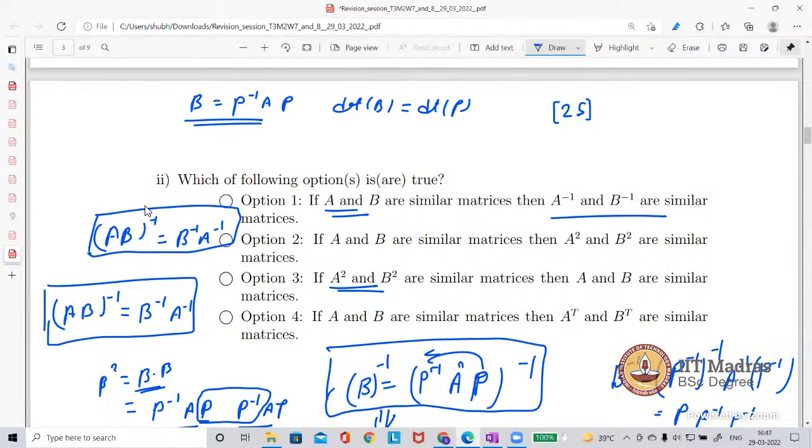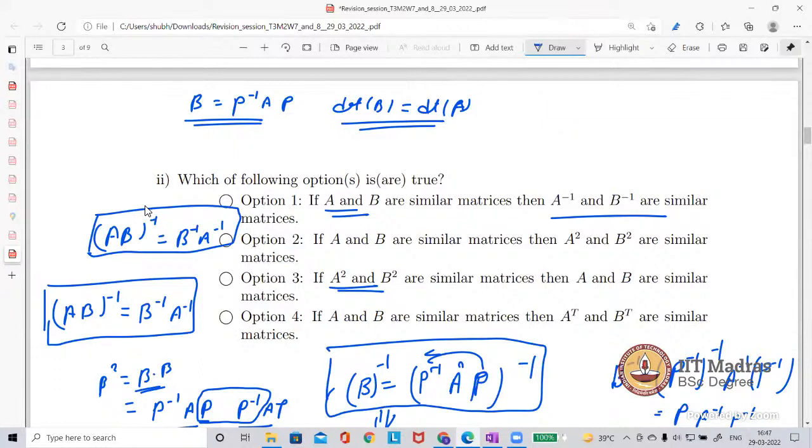Sorry, I didn't get that. The option says A square and B square are similar, so we need to start from B square. As we know that both have the same determinant, we have to take two matrices.